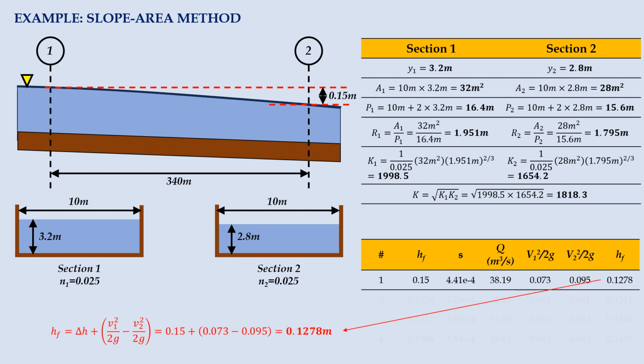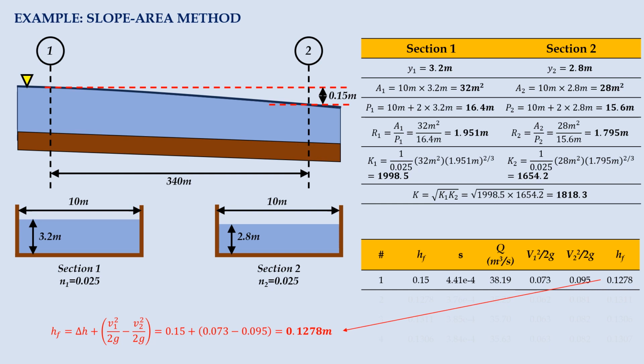The observed fall is 0.15 meter, while eddy loss is 0. As a result, the head loss calculated using Bernoulli's principle is 0.1278 meter. Significant difference is observed between the trial and final head loss value. Therefore, we need another iteration.